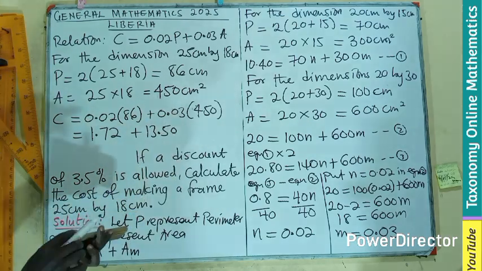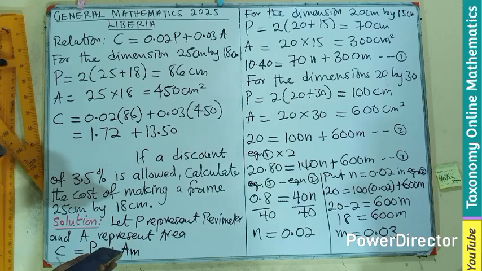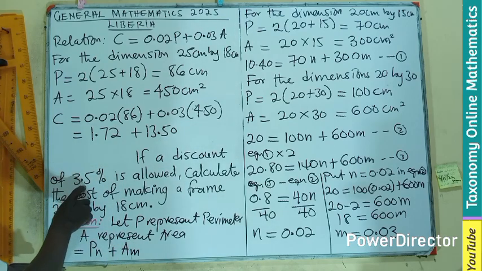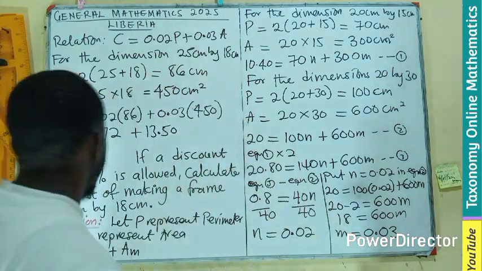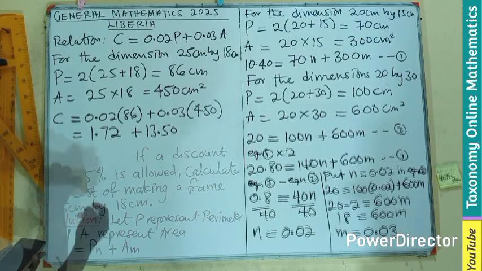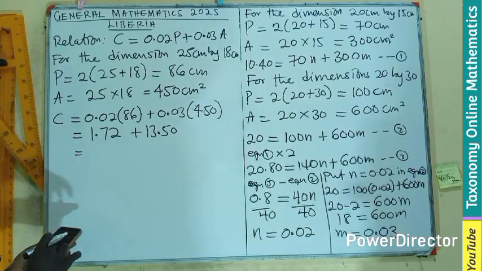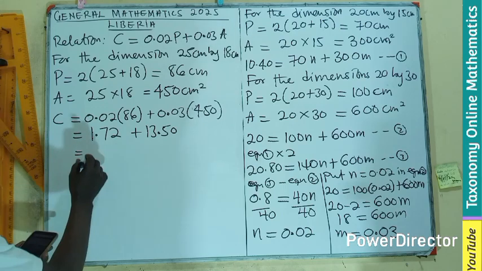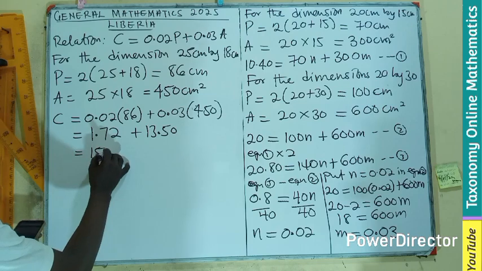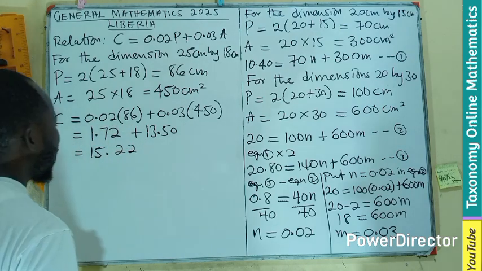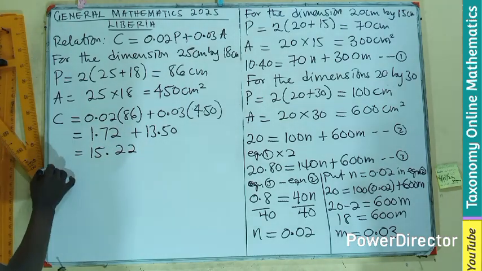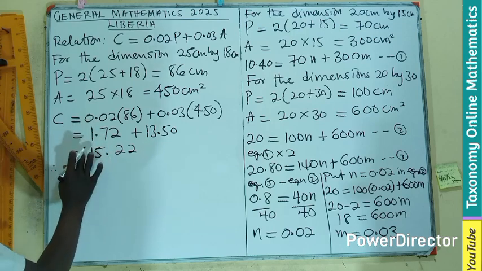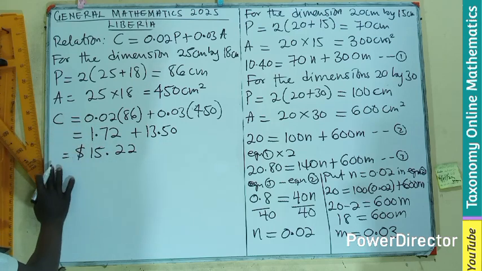But remember, we are going to pick a discount of that. Keep that in mind. So we need to find the total cost. 13.5 plus 1.72 will give you 15.22.